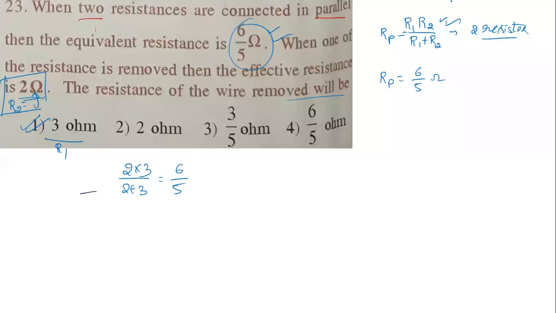Sir, mathematically, go for this formula. RP is 6 by 5, right? So 6 by 5 equals, taking R2 as 2, R1 into 2 by R1 plus 2. I'm going to simplify this one. It cancels by 3 times, so it is 2 by 5... 3 by 5 equal to R1 by R1 plus 2.